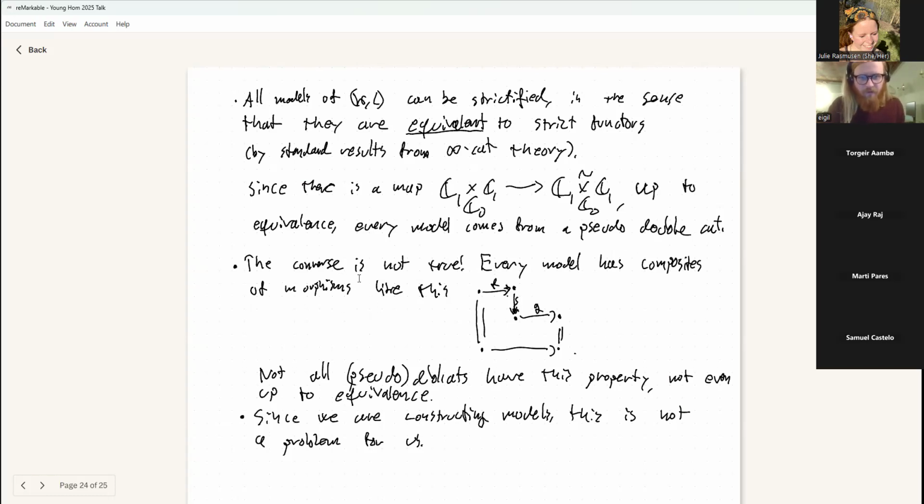It turns out that Siegel categories are a full subcategory of pseudo double categories, so it's just a property to have these extra compositions, and we can describe what that property is. That also means we don't really have to care, because we're constructing something that's just stronger than what we wanted to start with. So that's fine, and we also understand what the extra structure is.